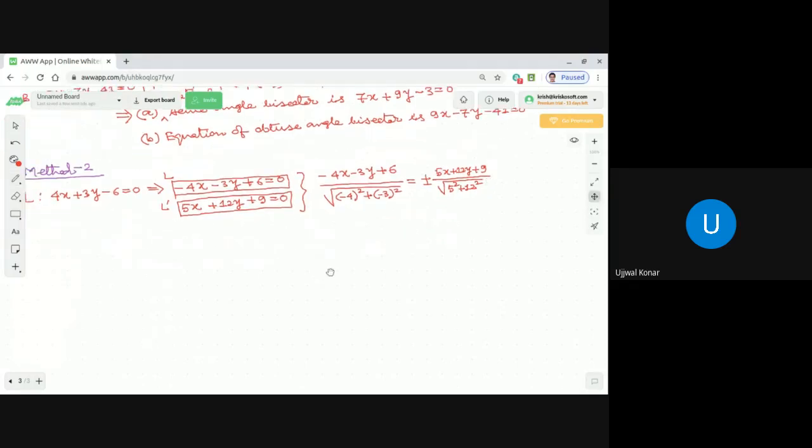Now what we are going to do, dear students, is the same method: we will take the plus and minus.